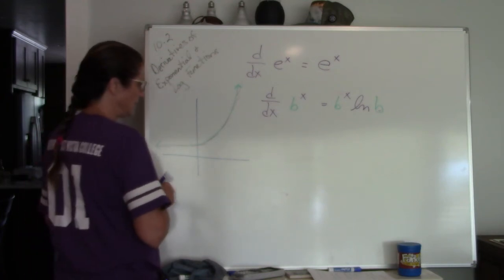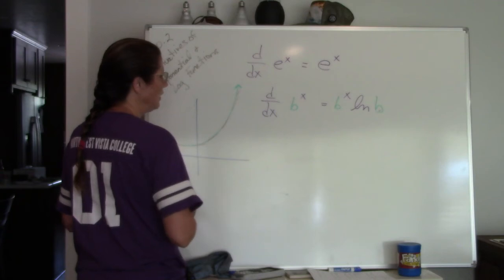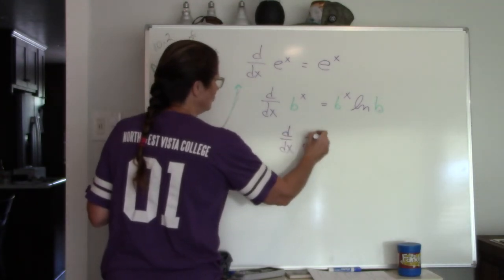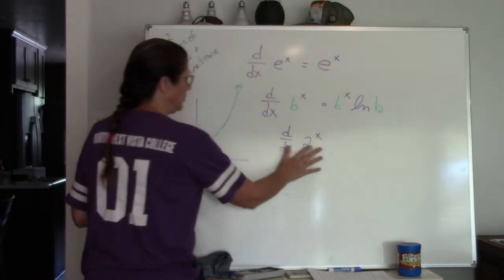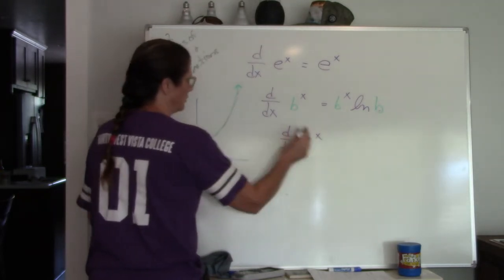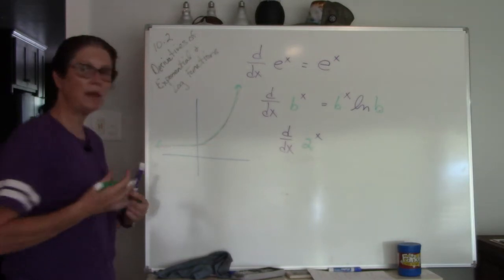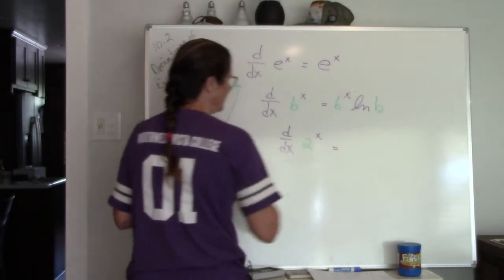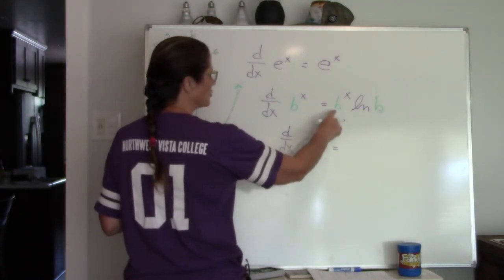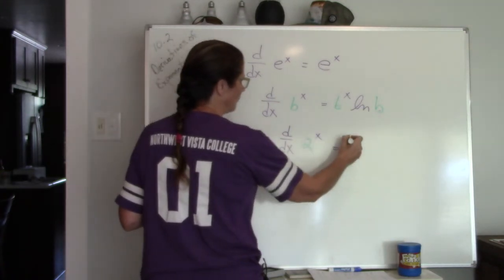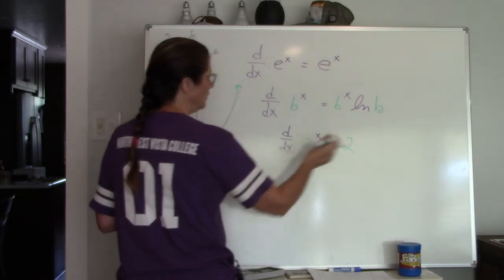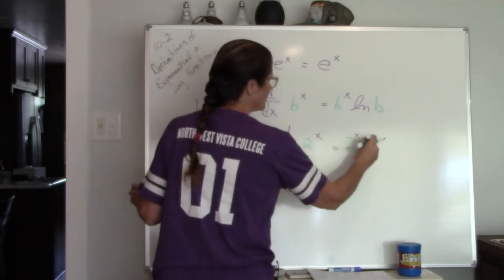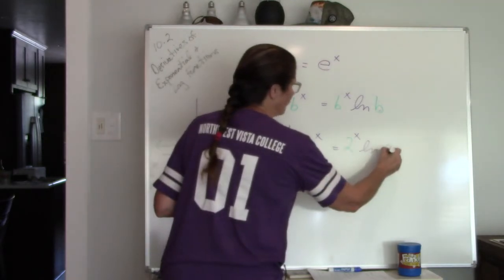If I asked you to find the derivative of 2 raised to the x power, I'm going to do this so that it's still color-coded. 2 is my base, x is my exponent. So my formula for the derivative is I put my 2 in, raised to the x power, so I just repeat it, times the natural log of whatever your base is.